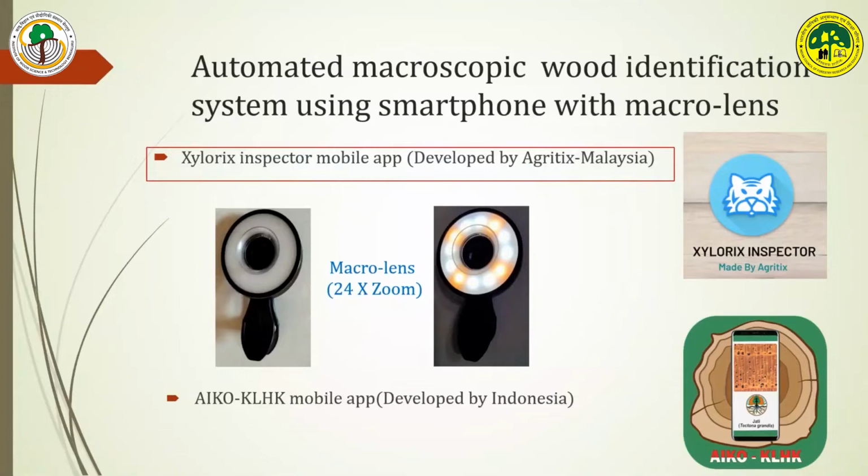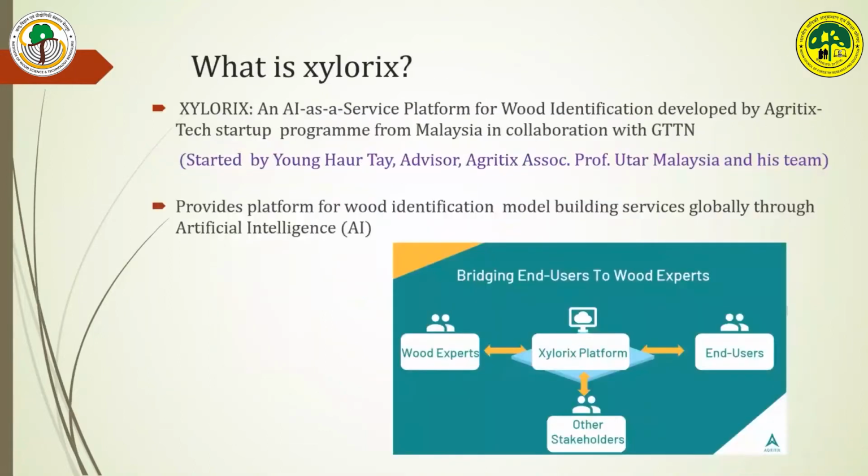But this Xylorix Inspector mobile app is used globally by many countries, and it is in the progressing stage. We are updating the wood samples in this mobile app. So what is Xylorix?